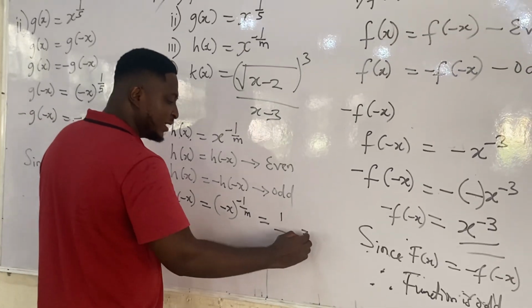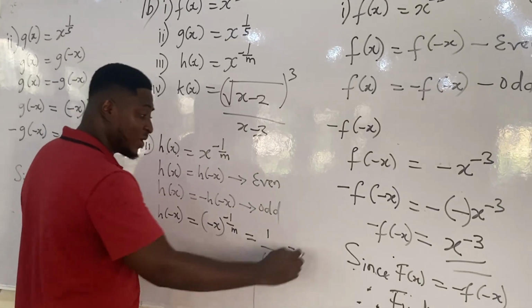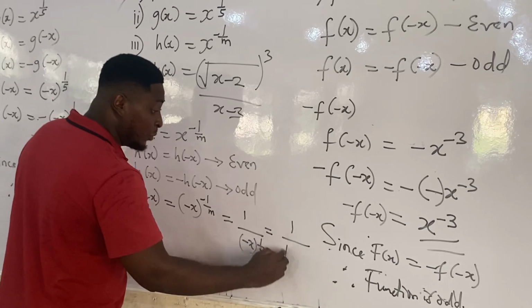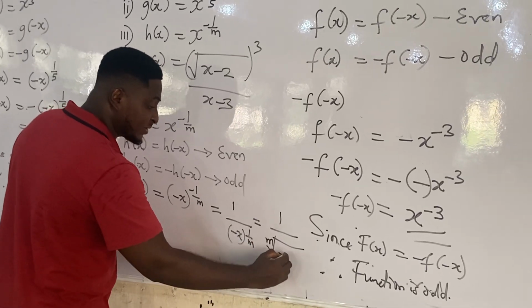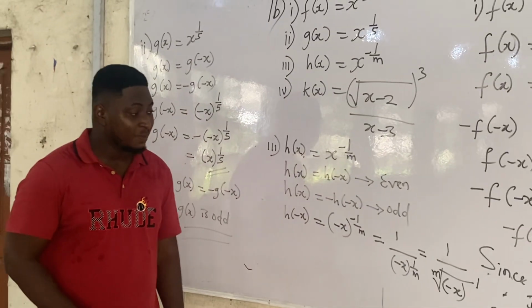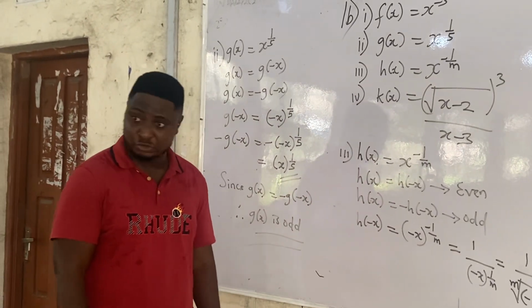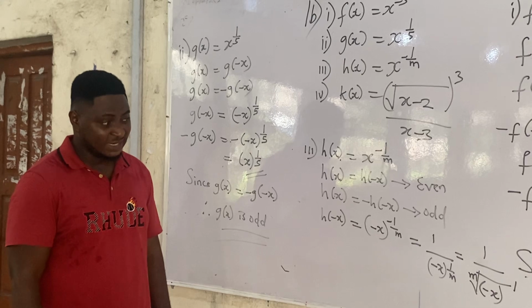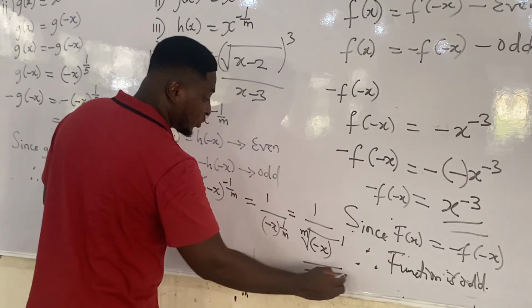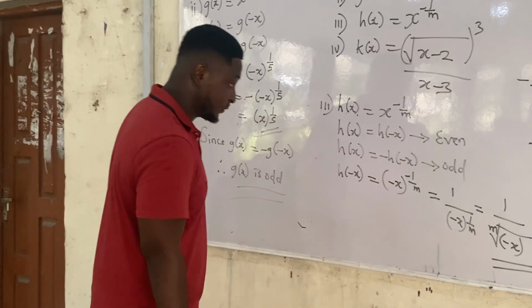If I want to break this down very well, this is 1 all over the m root of minus x raised to power 1.